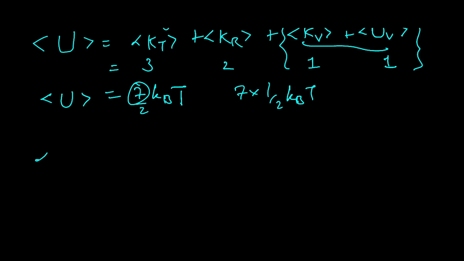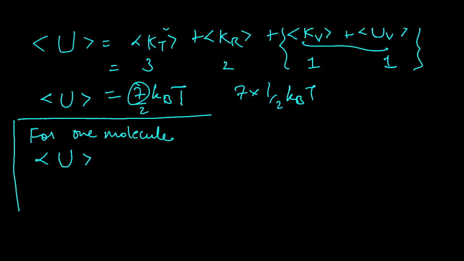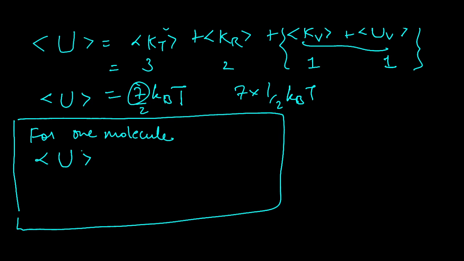In short, we end up with this final formula. Okay, last line for one molecule: f/2 kBT. What is f? f means the number of degrees of freedom. Understood this?